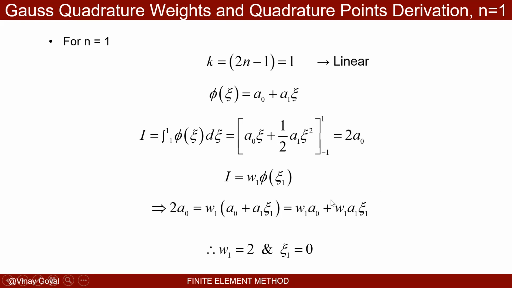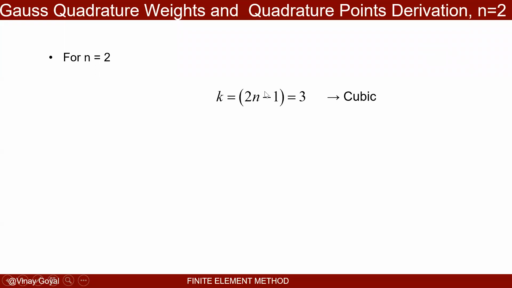You can see here that the only way this equals that is if W1 is 2, and you can see here that C has to be 0 because there's no C on the left-hand side. So that forces this to be the quadrature point to integrate a linear function, okay? So that's how that quadrature point for n equals 1 was derived.